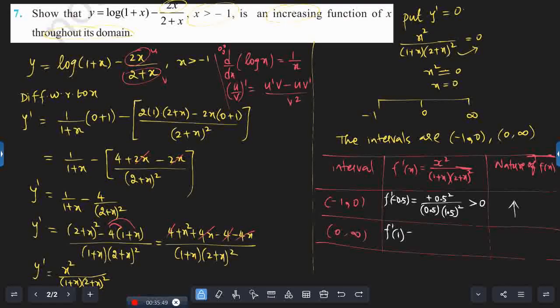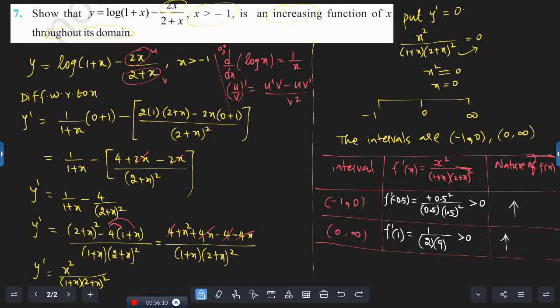I will take 1 easily. 1 square, 1 divided by 1 plus 1 is 2, into 2 plus 1 is 3, 3 square is 9, which is greater than 0, again increasing. What they asked to prove is that it is increasing throughout the domain, which means whatever domain we are using, in all the intervals it will be an increasing function. Yes, it is increasing.